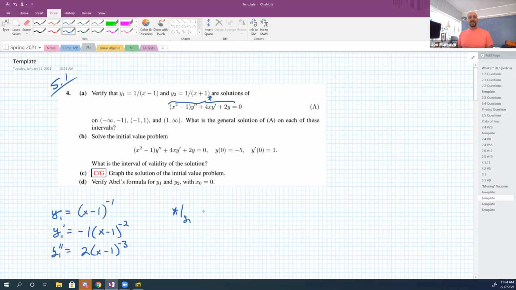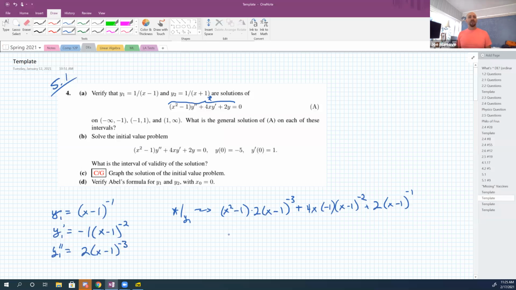So that becomes x squared minus 1 times 2 times x minus 1 to the minus 3 plus 4x times negative 1 times x minus 1 to the negative 2 plus 2 times x minus 1 to the minus 1. Okay. Right now, I don't really see a lot of hope that this will magically cancel on me, but maybe it will.